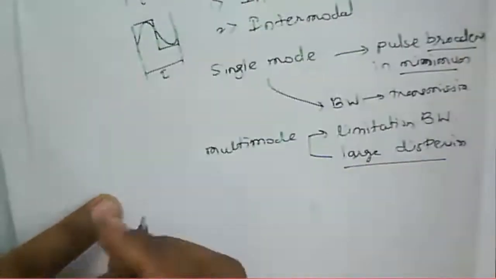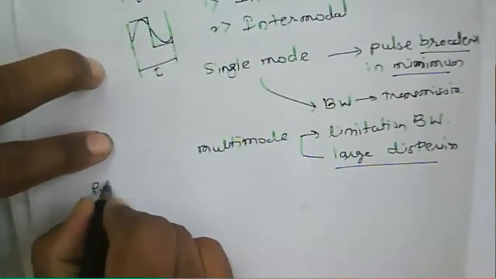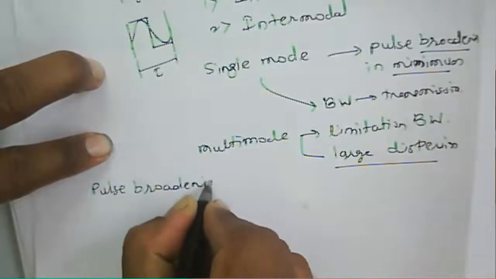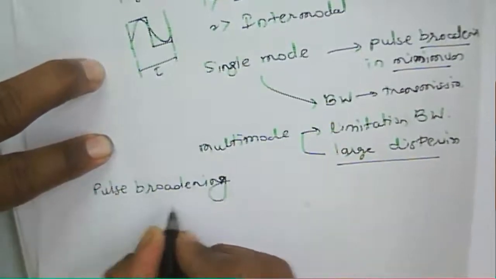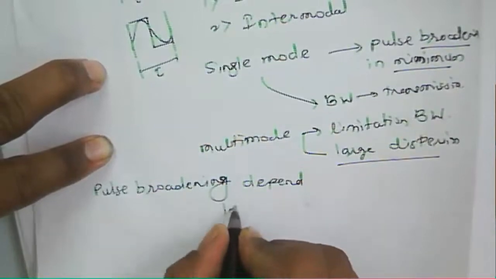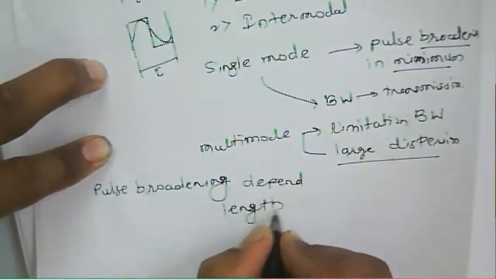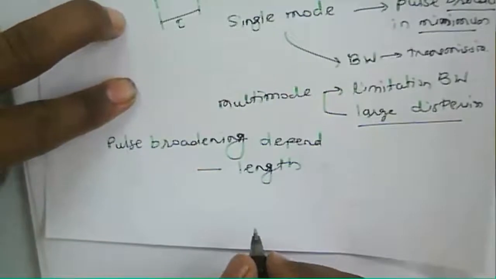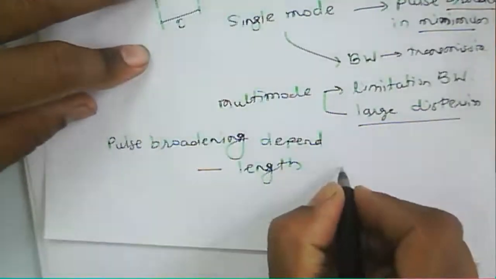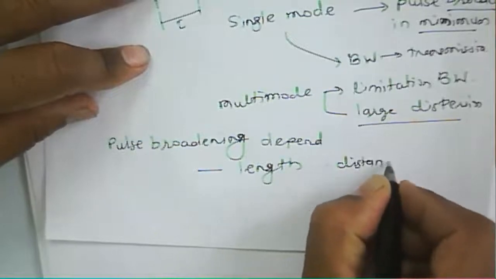And the pulse broadening generally depends on the length of the fiber, or you can say the distance that the pulse travels.